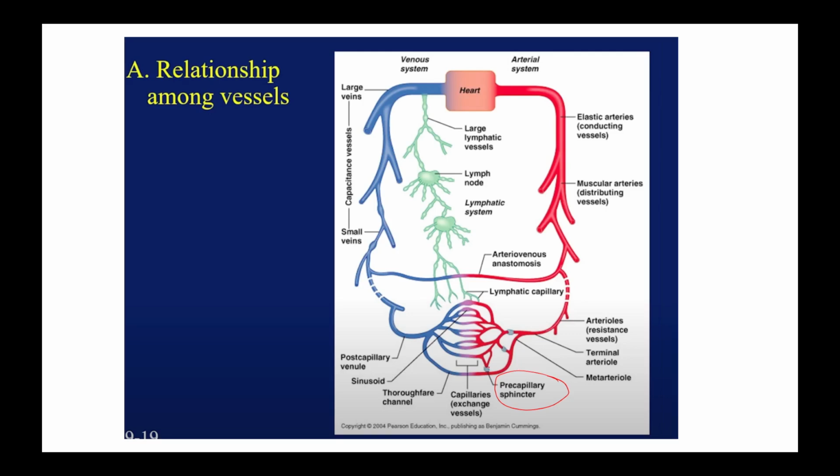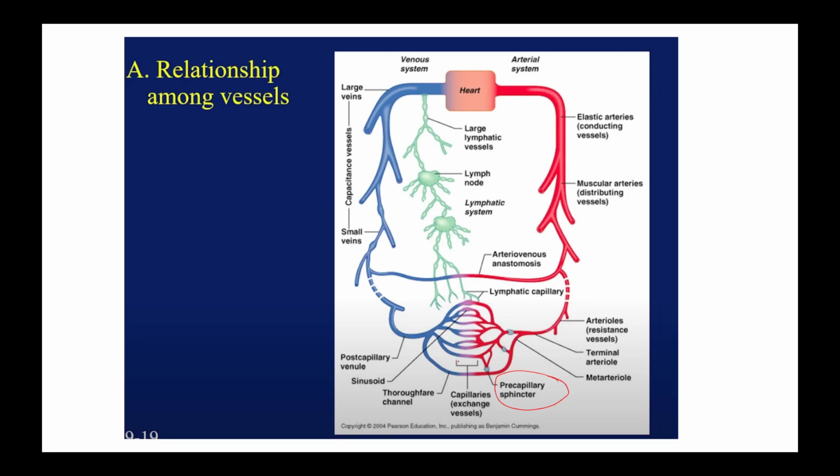These sphincters determine whether the blood has to go to the organ or not. When desired, the sphincter opens and provides blood to that particular organ. Here happens the capillary exchange, the exchange of gases between cells and the blood, and then it carries the blood to the venous system.